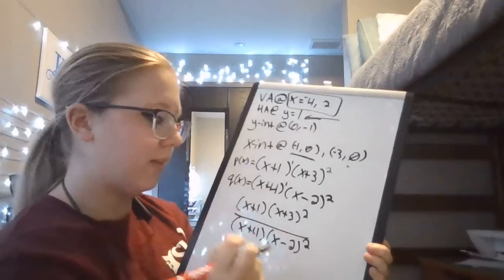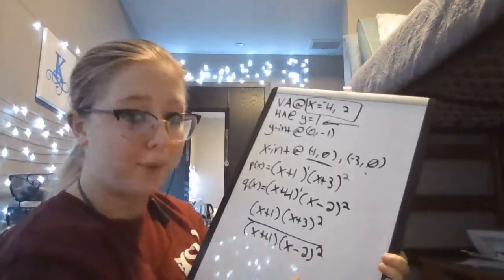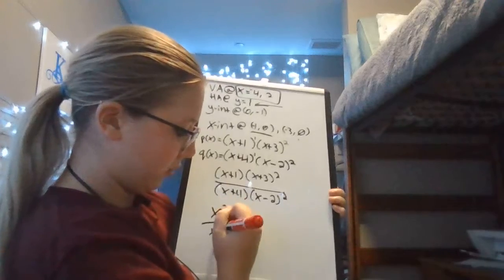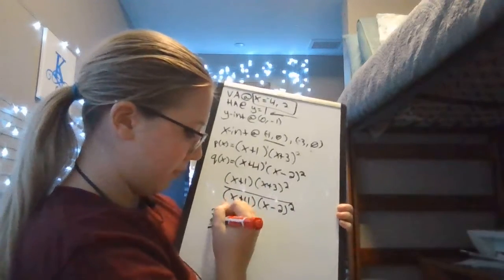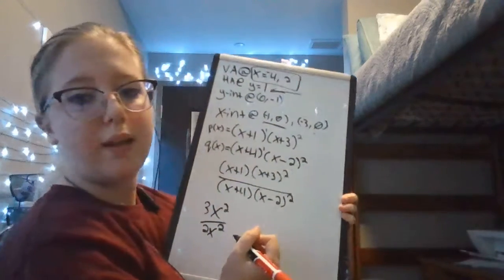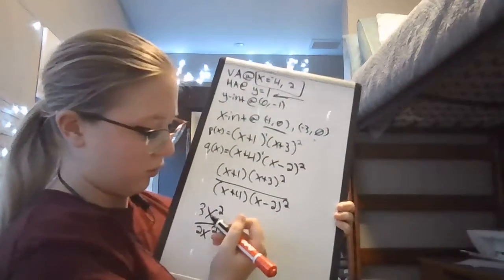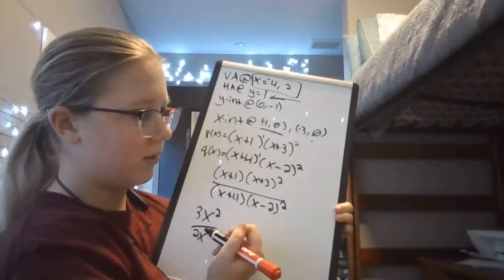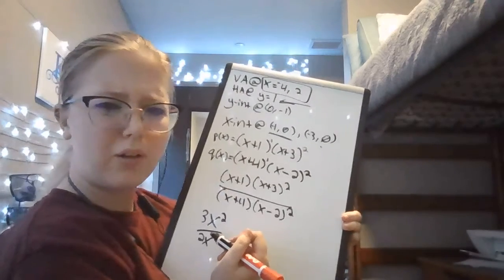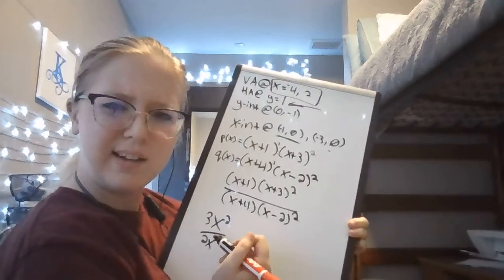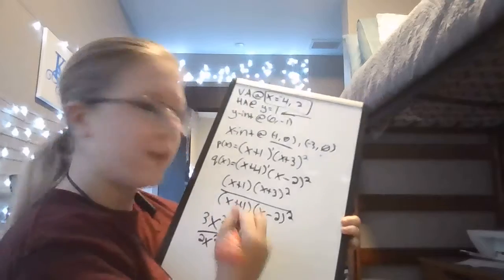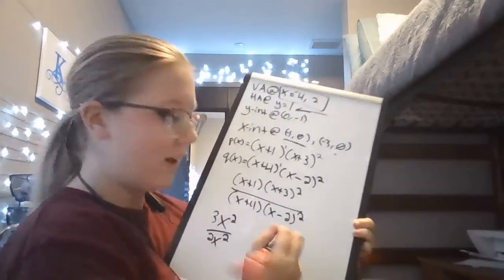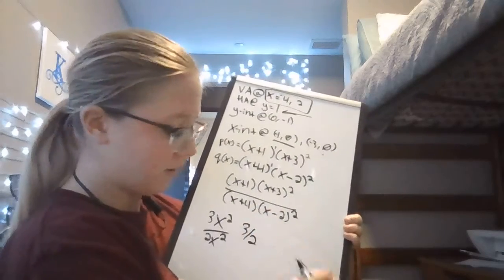If you remember, if you have x squared over x squared, and you have some numbers here, then it would give you a horizontal asymptote at 3/2.